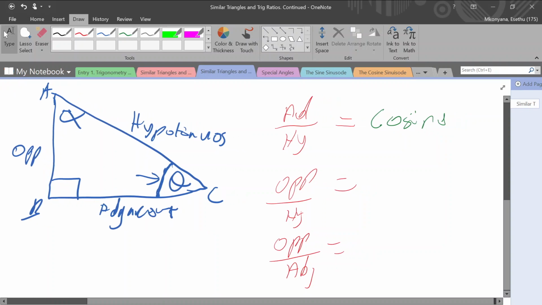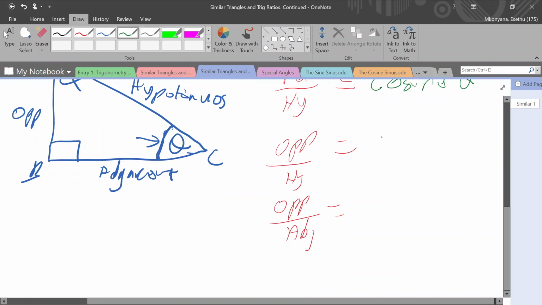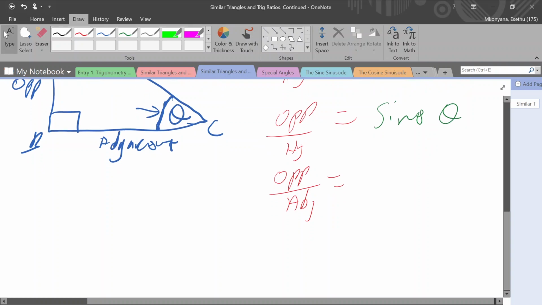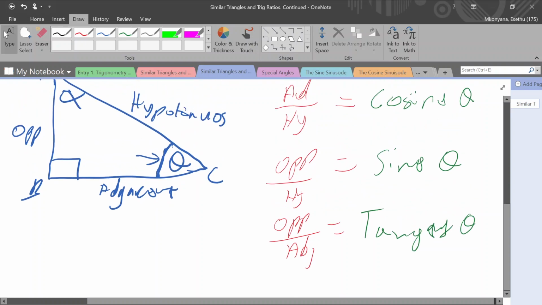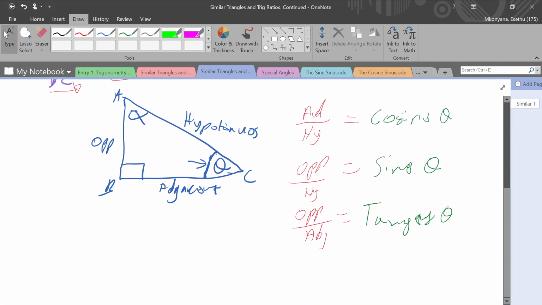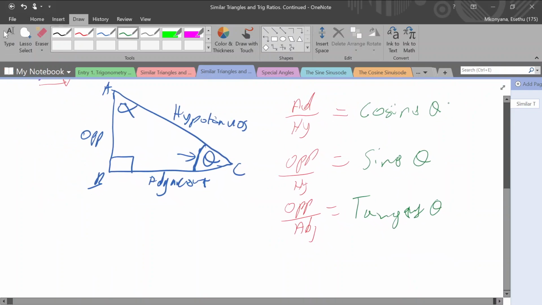So it's going to be a cosine of theta. This is a ratio. We've just taken this ratio for any triangle that is of this form. That ratio there will always be a cosine, this ratio here will always be a sine of theta, because we're relating that to that angle, and this ratio here will always be what we call a tangent of theta.